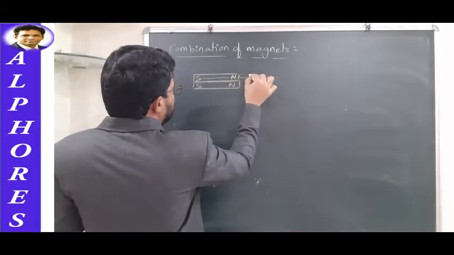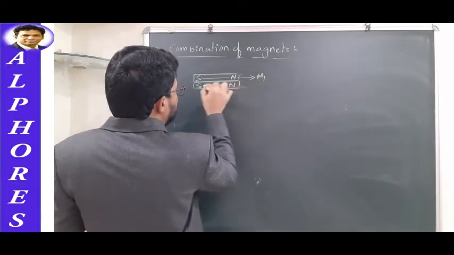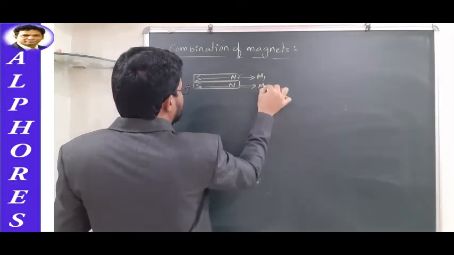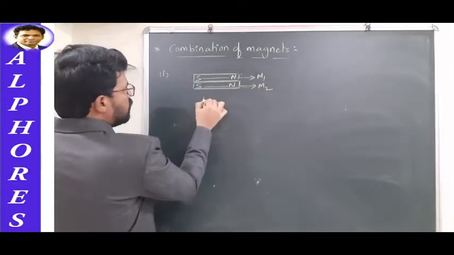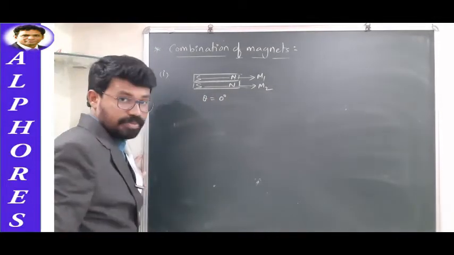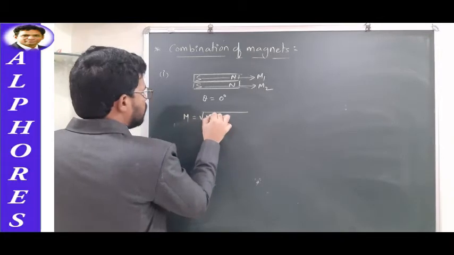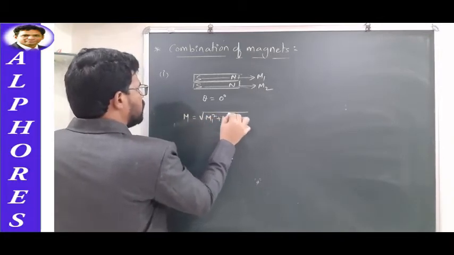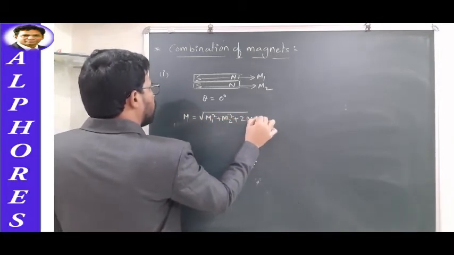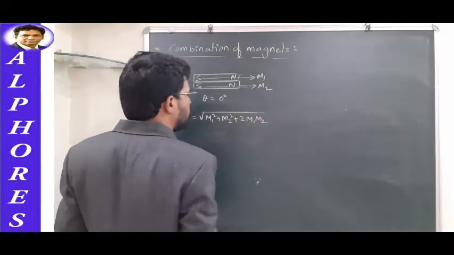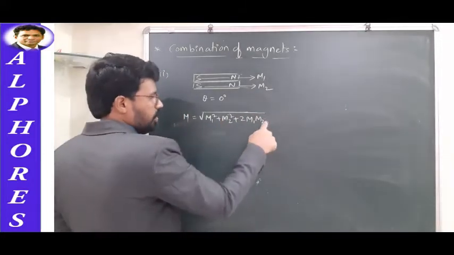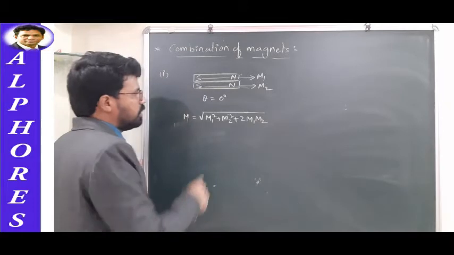Corresponding to this magnet, let the magnetic moment be m1, and corresponding to this one, let the magnetic moment be m2. And what is the corresponding theta? Theta is 0 degree. So the resultant magnetic moment is equal to the square root of m1 square plus m2 square plus 2 m1 m2 cos 0, which is 1. So cos theta can be replaced with 1 in this case.